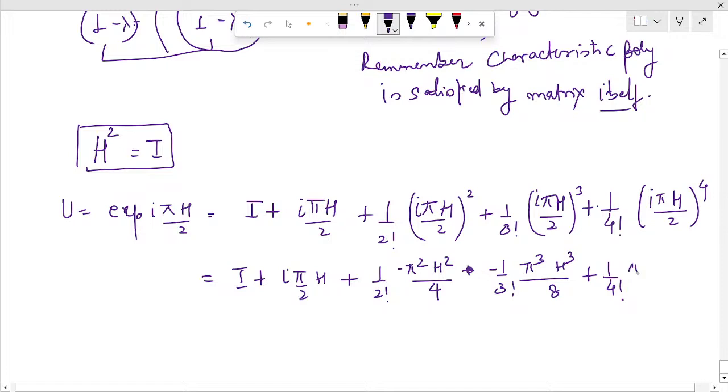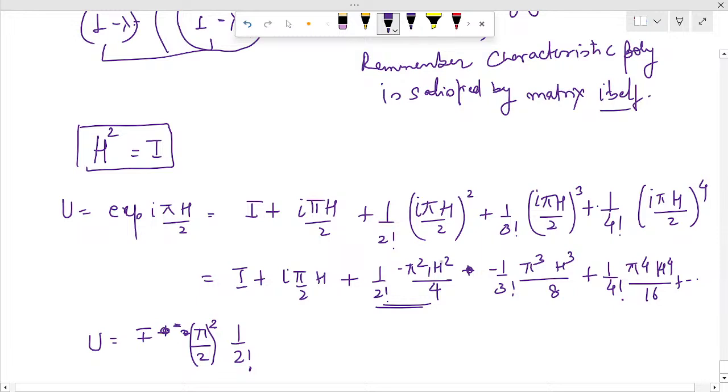Iota power 4 is 1, this will be pi power 4, this will be h power 4, and this will be 16. So if I just arrange the terms, u would be equal to what? Identity plus, if I take this term, this will be minus of pi upon 2 whole square into 1 upon 2 factorial.